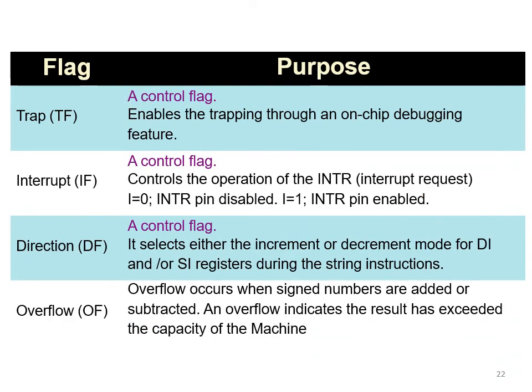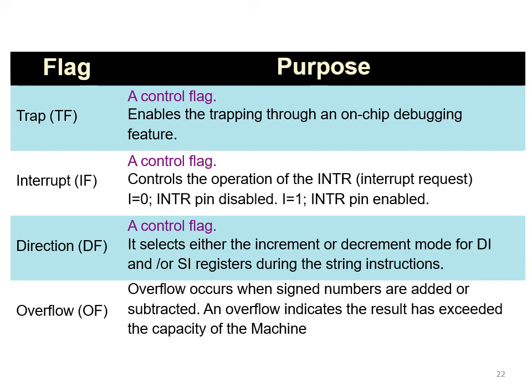Then the control flags: trap, interrupt, direction, and overflow. For the trap flag, if you have to implement the on-chip debugging feature, it can be enabled by setting this flag to 1. If you have to interrupt the 8086 processor while running for a higher priority work, then you have to set the interrupt enable flag to 1. The direction flag decides whether in memory you have to proceed in the forward or the backward direction.